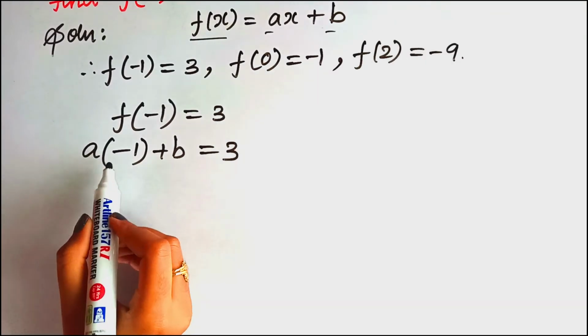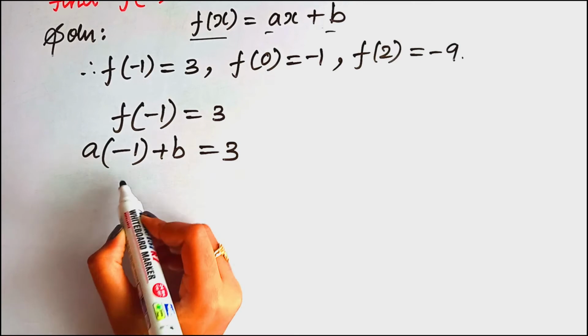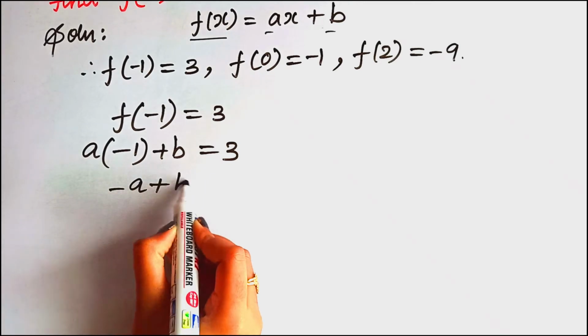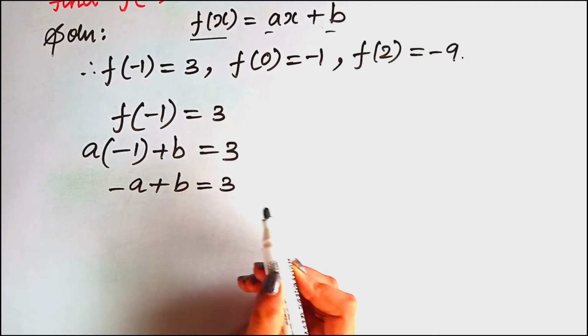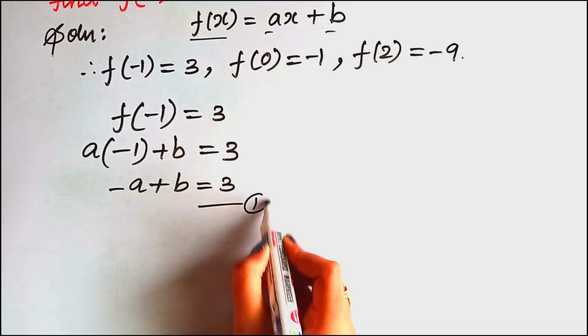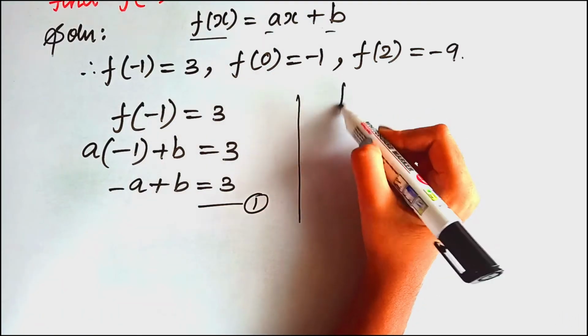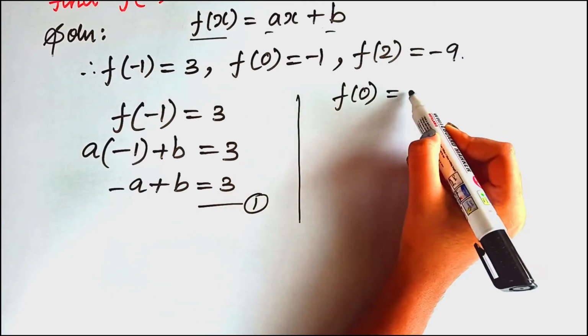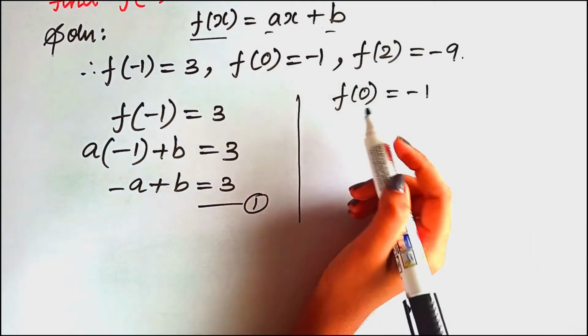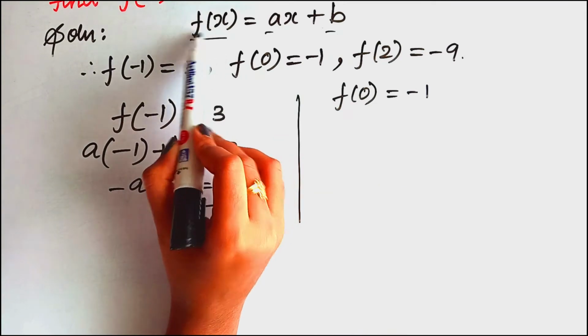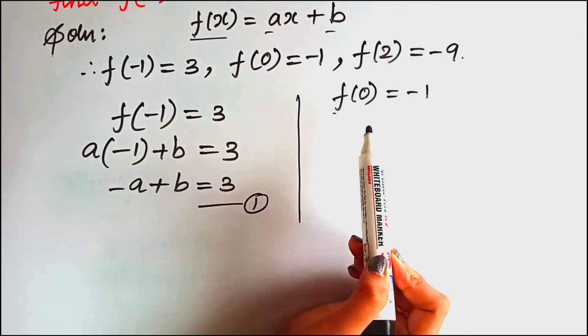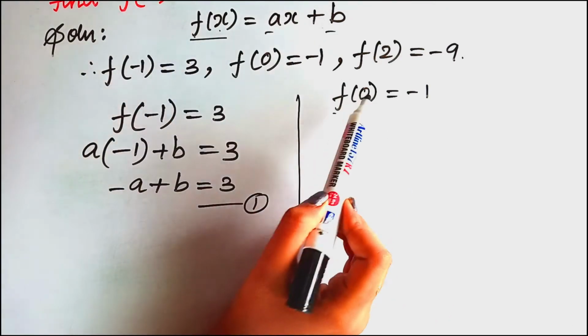While equating, a into -1 gives -a + b = 3, right? So let's take this as an equation. Now the second element is f(0) = -1. How will you substitute this? Here there is a function f and here there is a function f, and the only difference is that in the place of x we have 0.